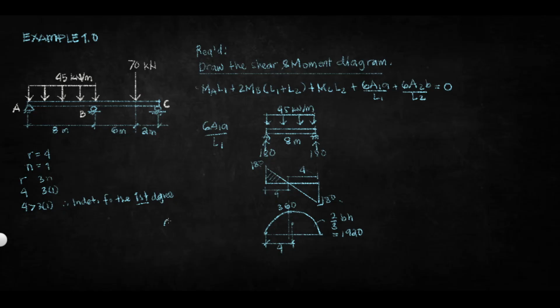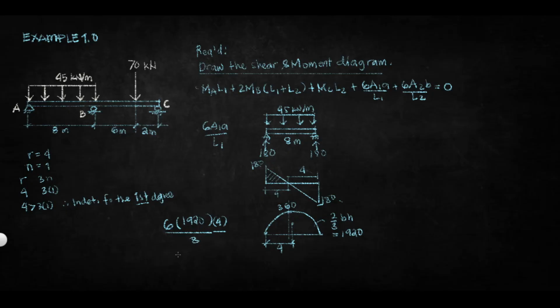6A1 A. So, A1 is 1920 all over L1. So, A is 4 over L1. L1 is 8.